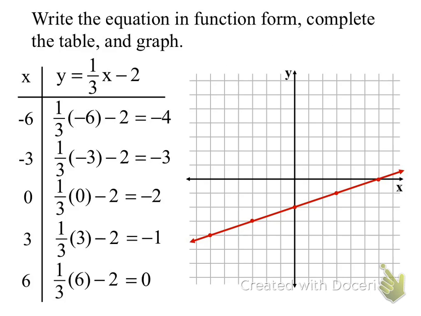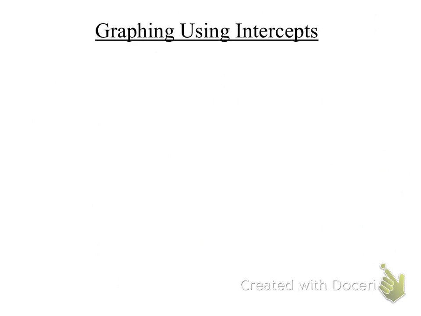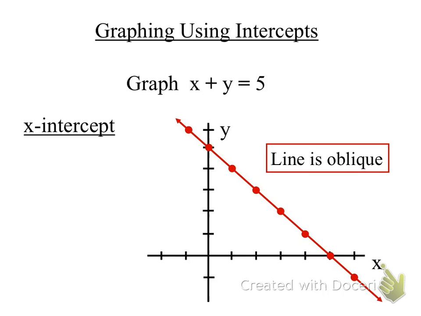Both x and y intercepts have 0. That's what they will always have in common. They both have a 0 in their ordered pair.